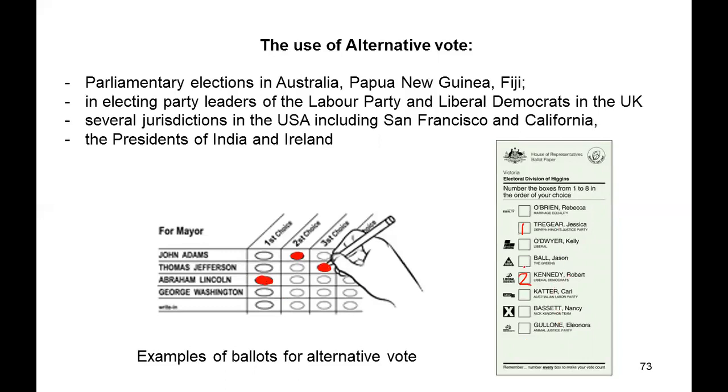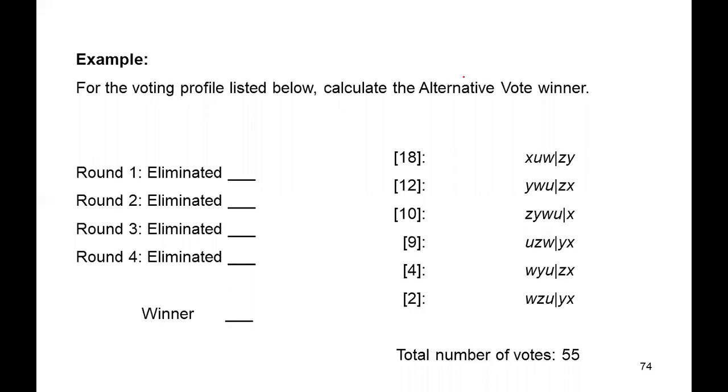In our version, we'll use the rankings of all candidates. So you just have to put those numbers here, 5, 6, 7, and 8. In such a system, when you have to rank everybody, this would be the final ballot.